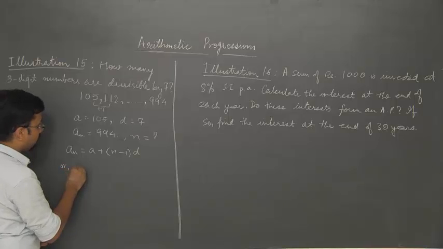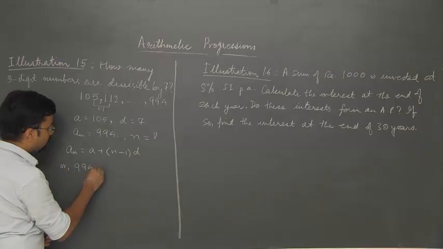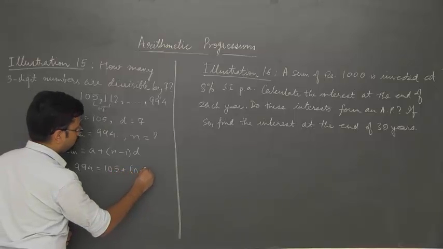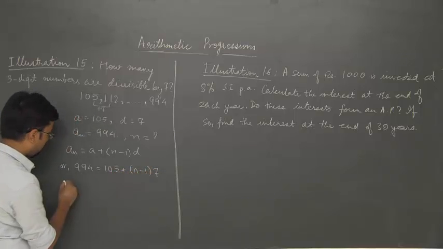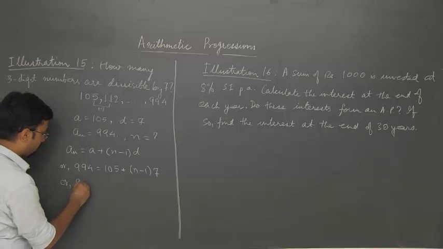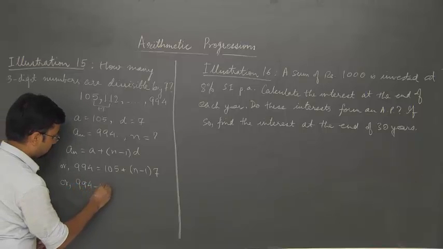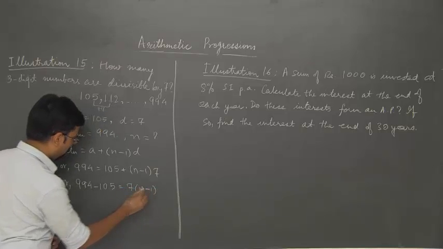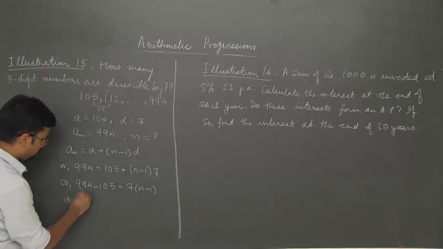We have AN as 994, which is equal to 105 plus N minus 1 into 7, N we don't know. So 994 minus 105 is going to be 7 into N minus 1. How much would this be?